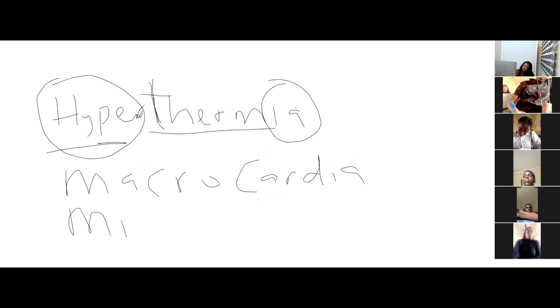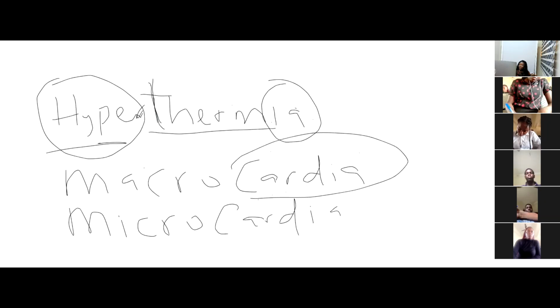These two words refer to the same organ. When you hear the word cardia, it means the heart. So macrocardia means when the heart is too big, while microcardia is a condition when the heart is small.